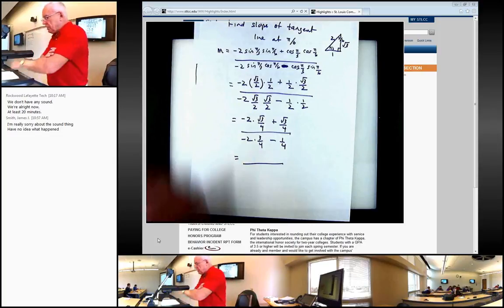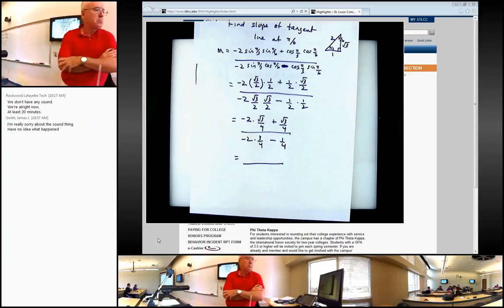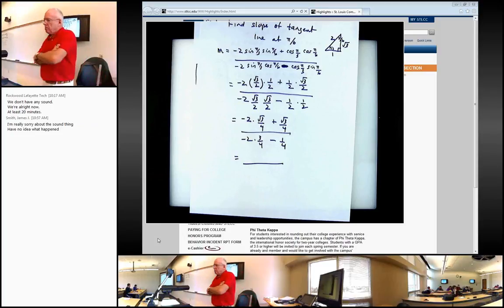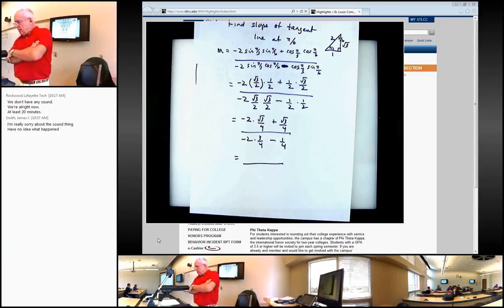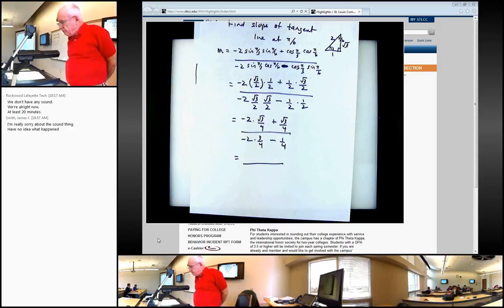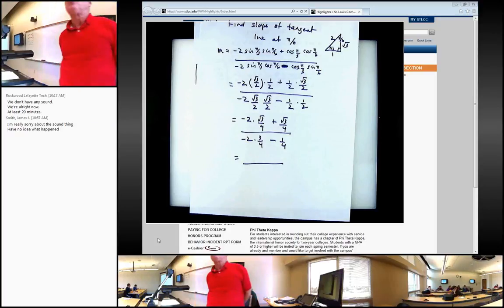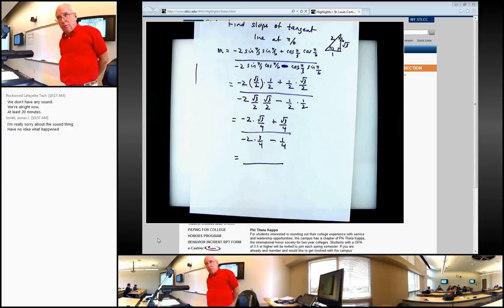Let's see. What's the top part right now? What can I do with that top part? Yeah, just add them together. If you notice here, Jenna, we've got a minus 2 times the square root of 3 over 4, and then we're adding 1 times square root of 3 over 4.